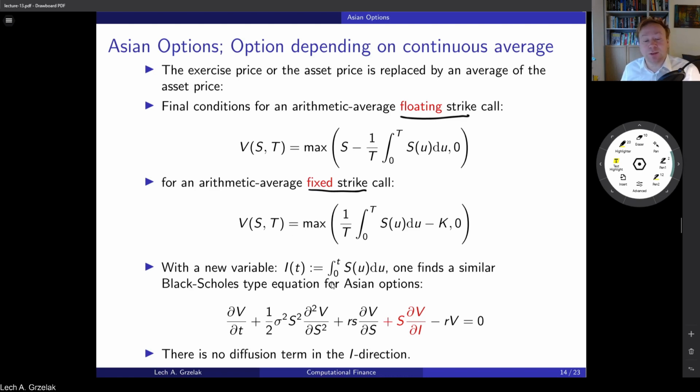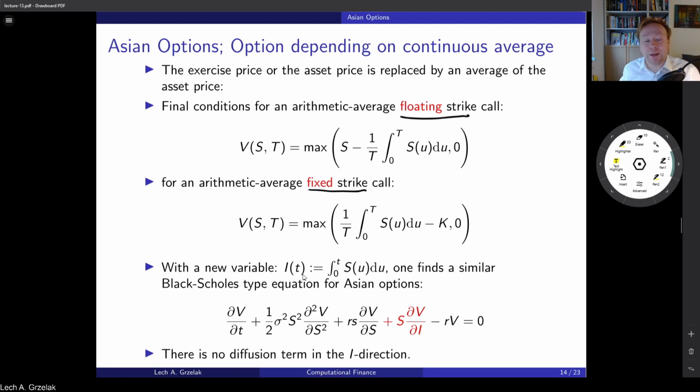What is important is that once we talk about an average, you see that in this case, for example, we have an option which depends on a stock, but also on the integral of a stock. And that integral essentially means we will have a more difficult problem to solve once we talk, for example, about the pricing PDE.